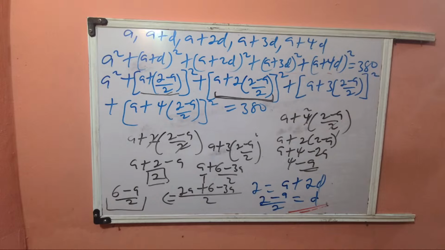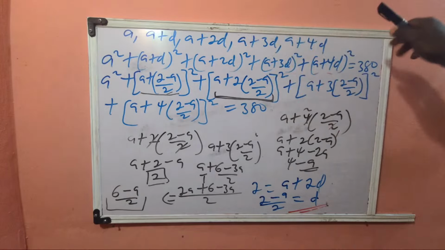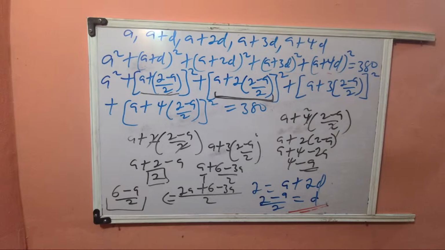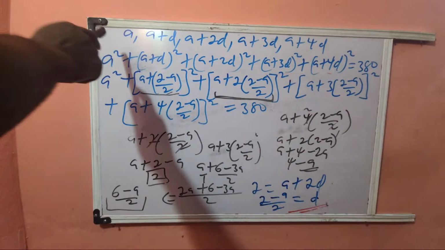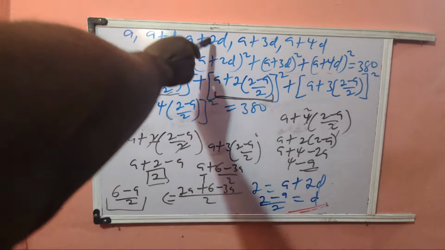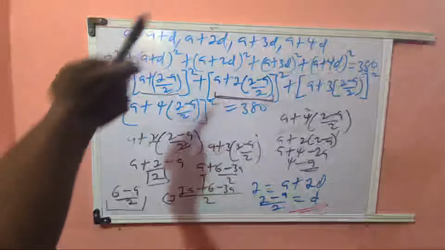Okay, I'm seeing some people talking about being confused. What do you want me to explain again? We started with the terms; we were told that we had 5 terms. So this is term 1, the first one a, next one a plus d, a plus 2d, a plus 3d, a plus 4d.